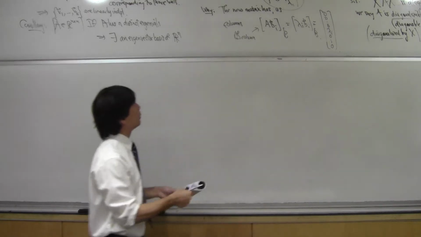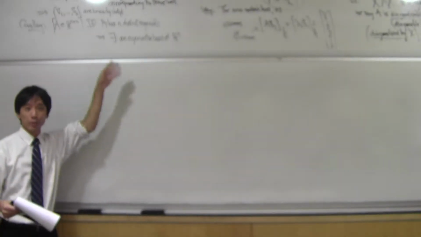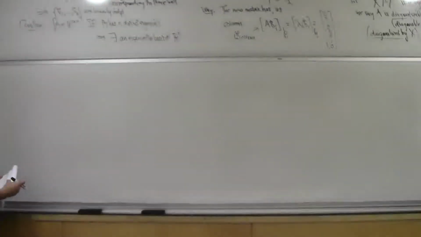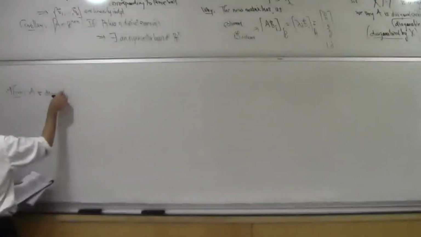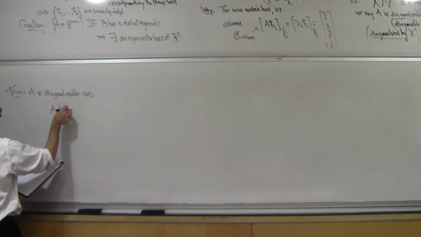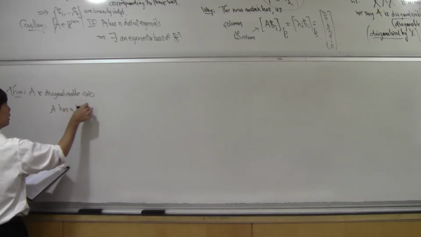So we're going to say basically what we said here. We're just going to say it again and see that you can see it in a really simple way. Theorem: A is diagonalizable if and only if A has n linearly independent eigenvectors.